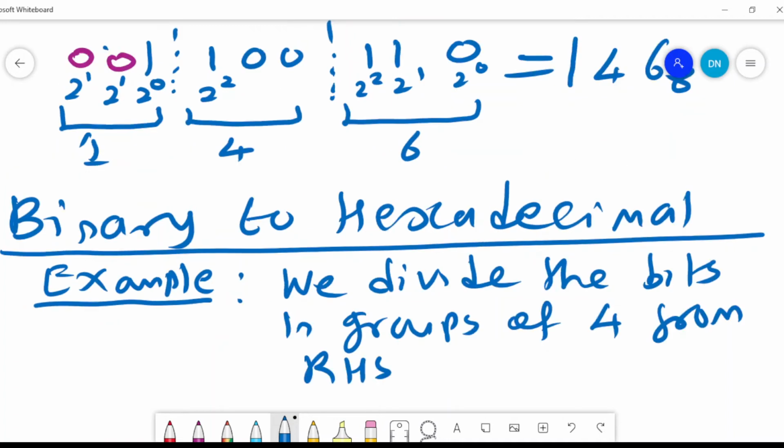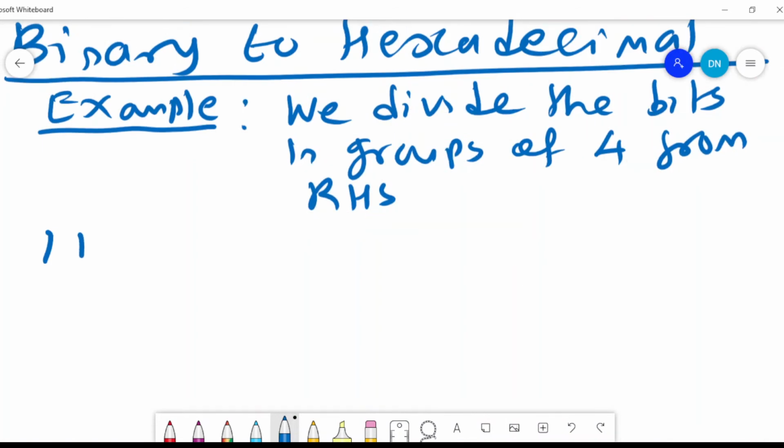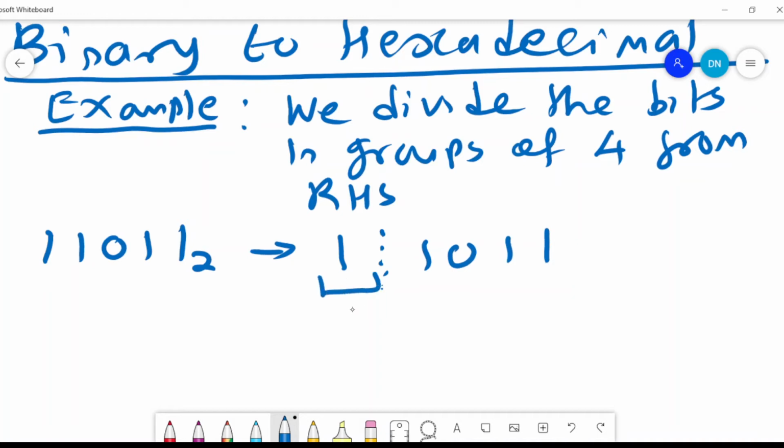And I divide the bits in groups of 4, starting from the right hand side. And so this one is divided in this format. So this one is 1. This is 2 to power 0, 2 to power 1, 2 to power 2, 2 to power 3. This is 8, 10, this is 11.